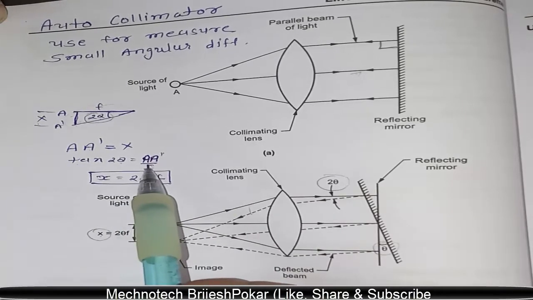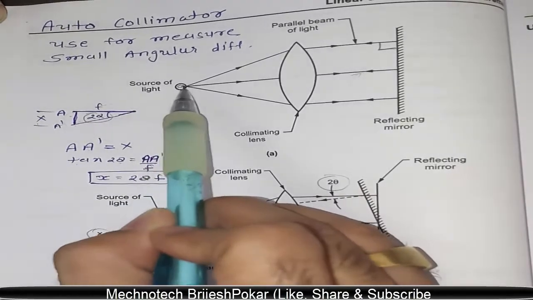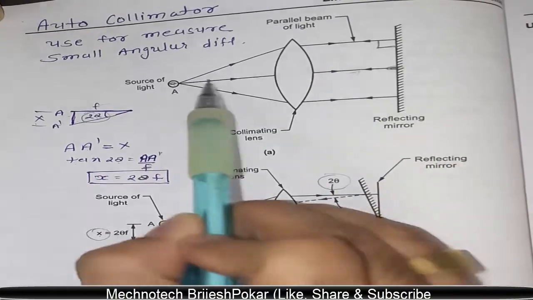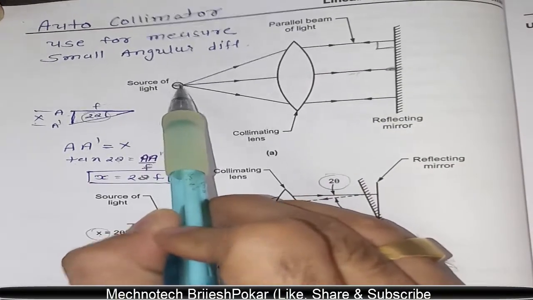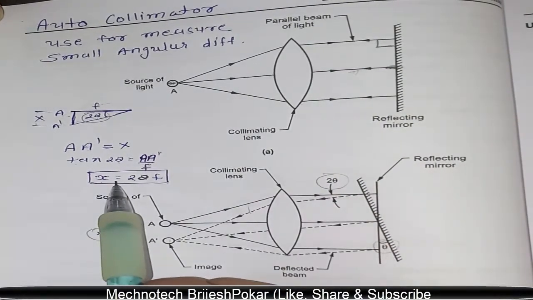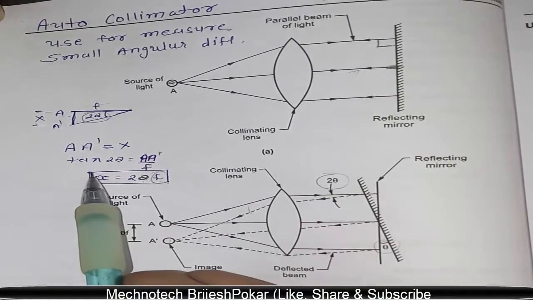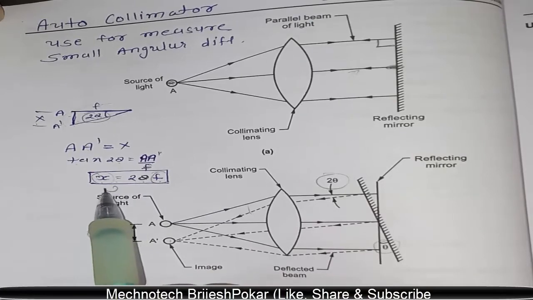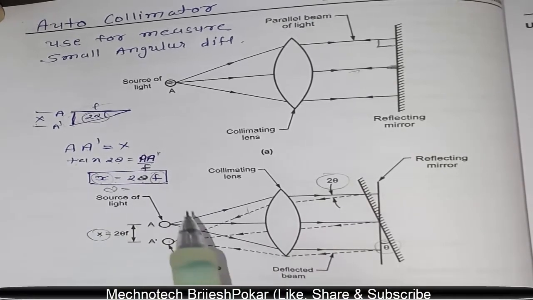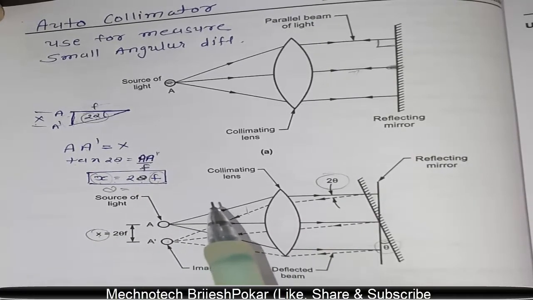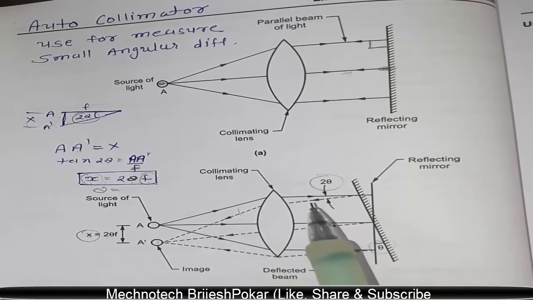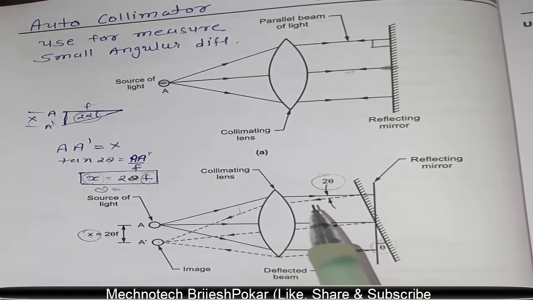Here f is the focal length, from here to here, this is the distance f, the focal length. So x is equal to 2 theta into f. If I know f and x, then I can easily find out theta. This is the very basic principle of the autocollimator.